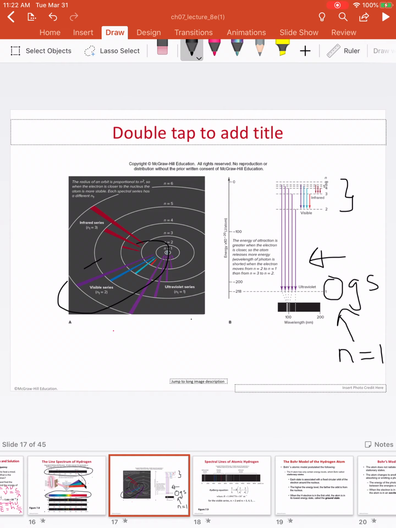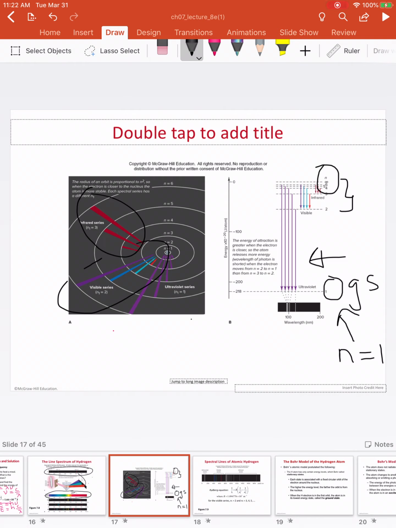The hydrogen atom electrons also emit in the infrared region. The infrared region emits when the excited electron comes to n equals 3 level. You see here n equals 3 level, this part right there, and that's what you are seeing here in the red region. That's the infrared series. So the excited hydrogen electrons emit in 3 different regions.